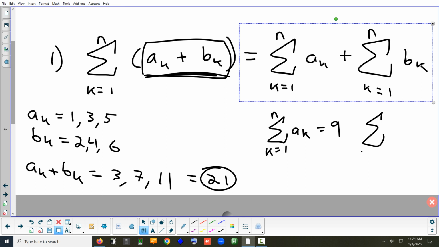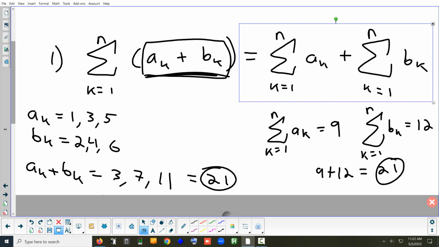And then if we add up all the numbers in sequence B, 2, 4, 6, we get 12. So we have a 9 plus a 12. What's 9 plus 12? 21. So it basically just gives you two different ways to add sequences together.